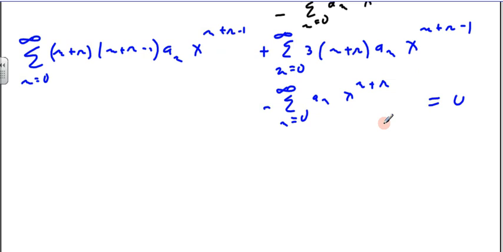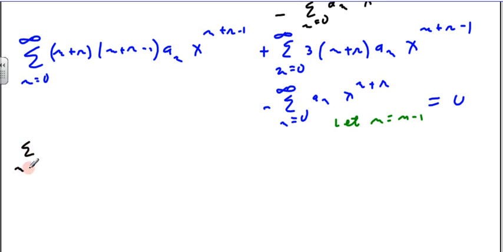It really doesn't matter, but we're just going to do this last one. So we're going to let n equal n minus 1, and we'll keep the other two the same.